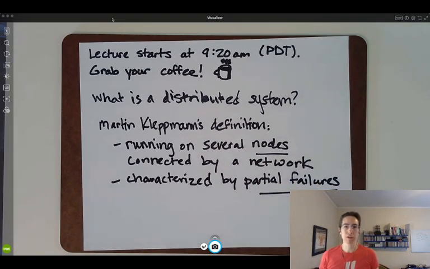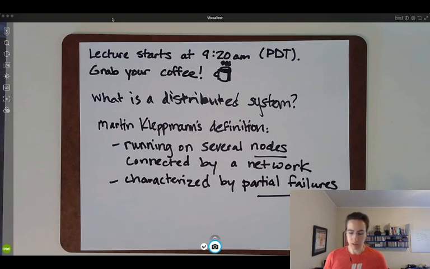So what do we mean by partial failures? What I mean is that some parts of the system might be broken while other parts of it are okay. And furthermore, it's at least impossible for the software to know what exactly is broken. What do I mean by impossible for the software to know? Well, we'll come back to that.